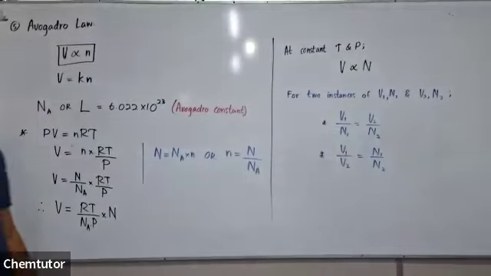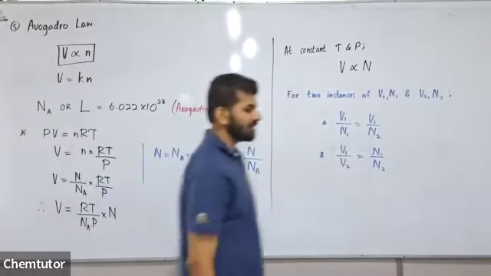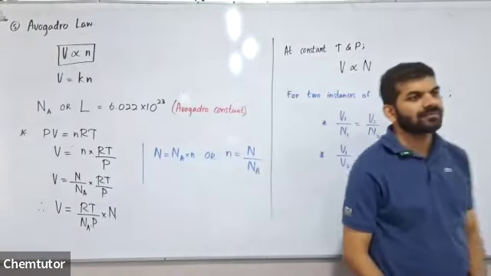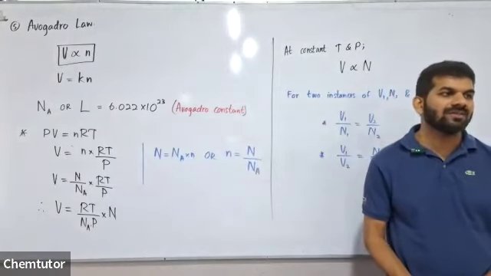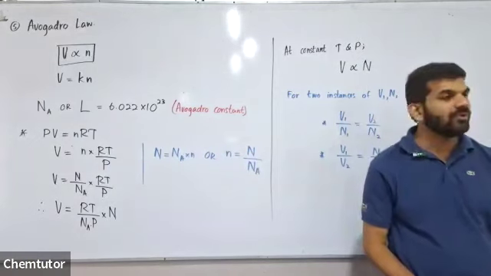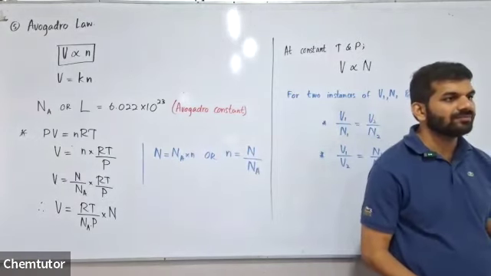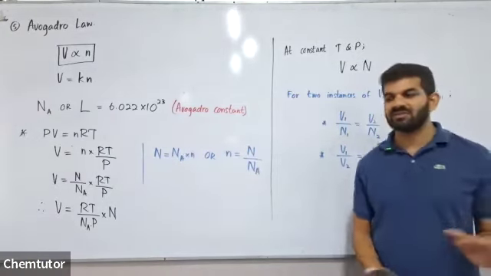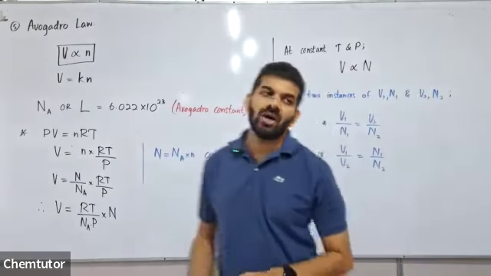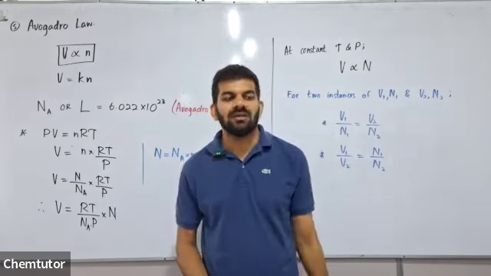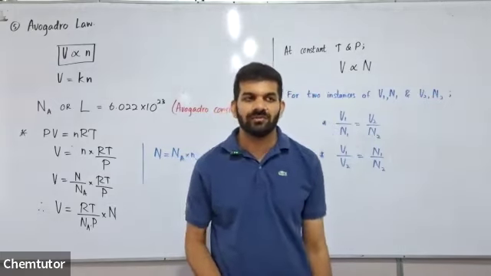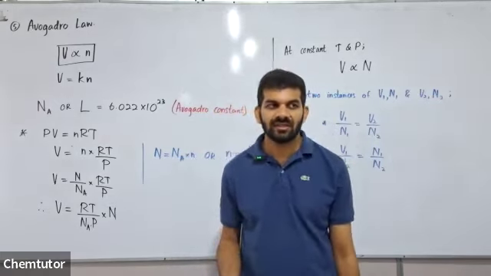For example, at 0 degrees Celsius and 1 atm pressure, the molar volume of a gas is 22.414 cubic decimeters per mole. That means at 0 degrees Celsius and 1 atm pressure, 1 mole of a gas occupies 22.4 cubic decimeters of volume. Is it clear?